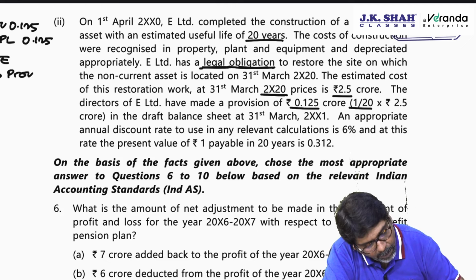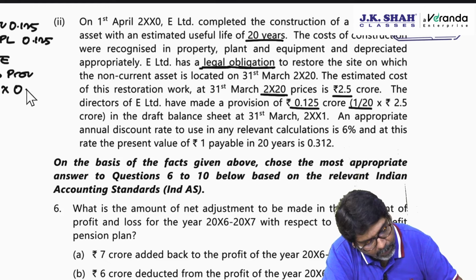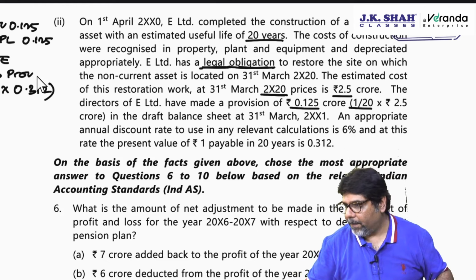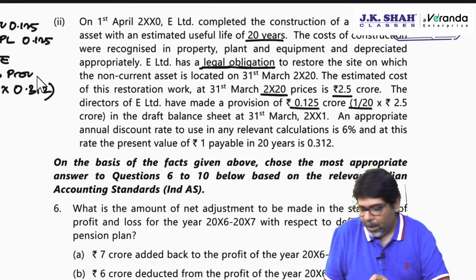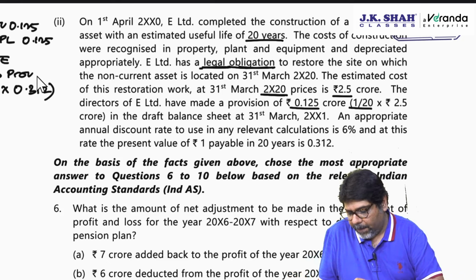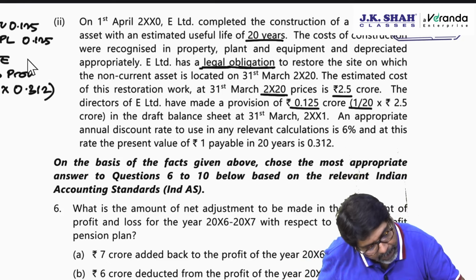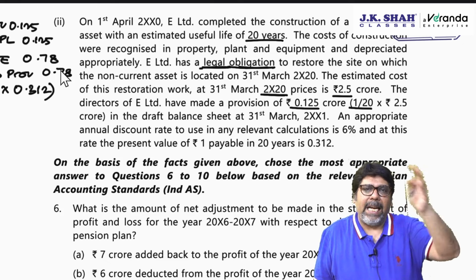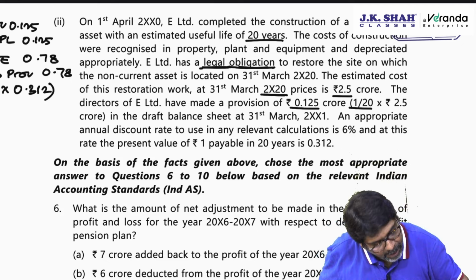How much? 2.5 into 0.312, that is 0.78. Then this provision would unwind and the asset would depreciate.